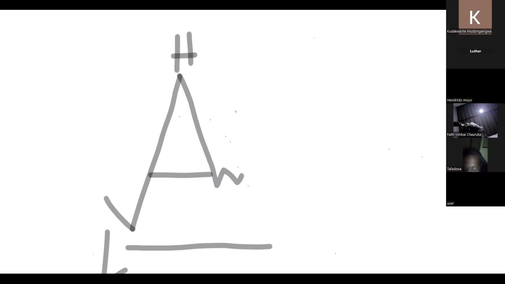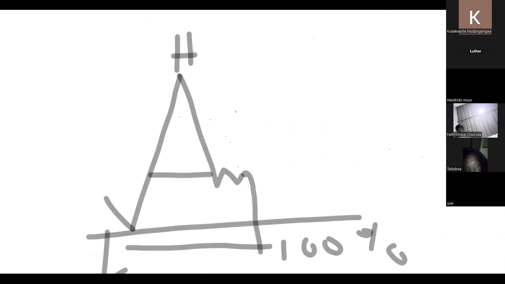Because if your trade was to come, right, and hit your 100% level here and break it, what does it mean? It also means it has broken this low, which might signal you a change in direction. I hope you are understanding that.